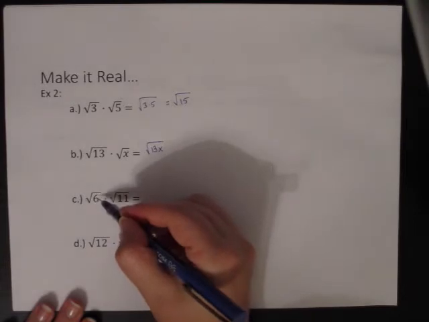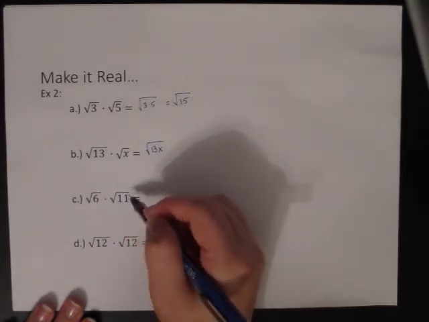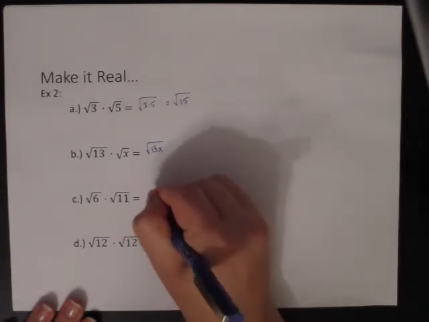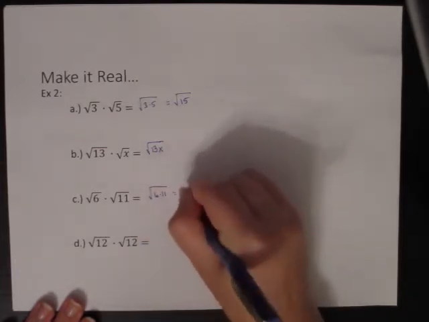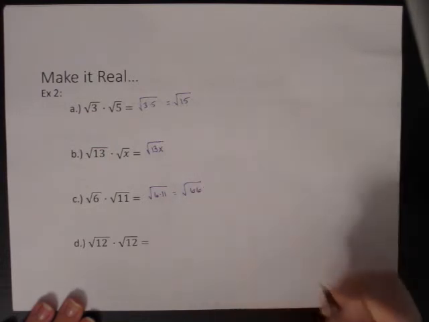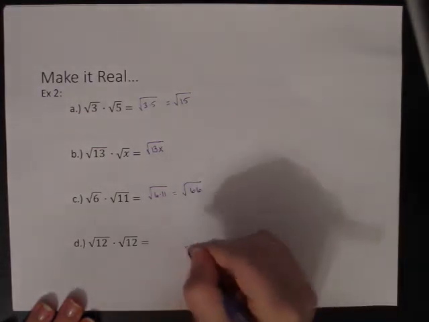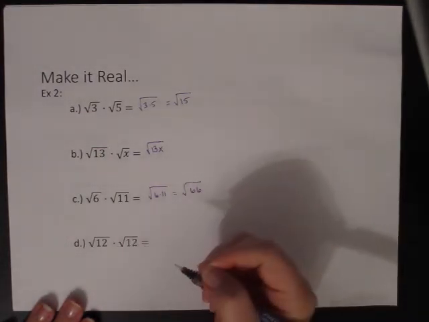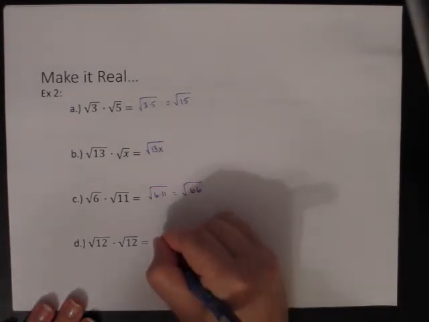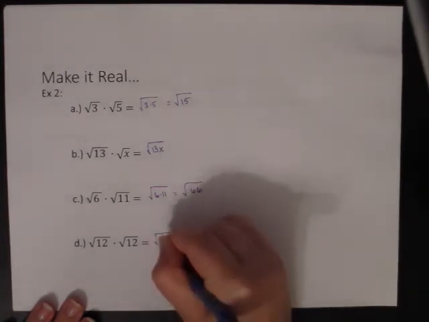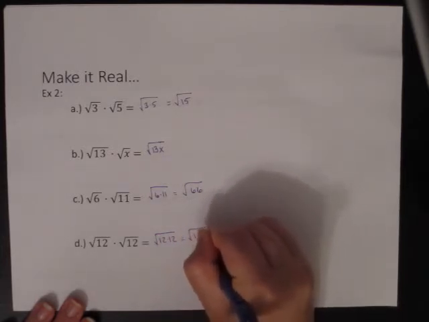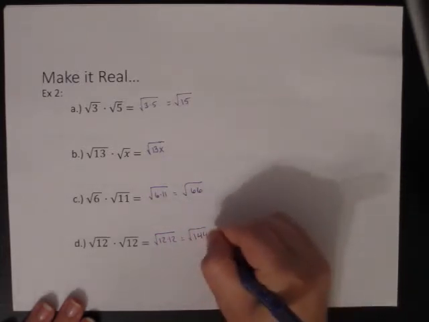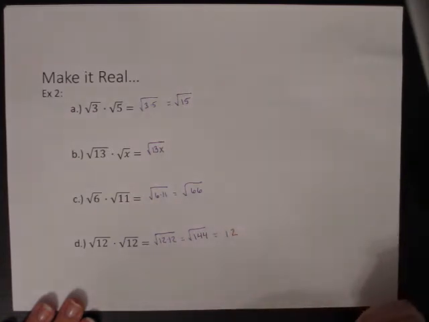Now this one, the square root of 6 times the square root of 11. Neither one of those are perfect squares, so I could go 6 times 11, which is 66. And then this last one, square root of 12 times the square root of 12. 12 and 12 are not perfect squares, but if I go 12 times 12, I get the square root of 144, which is a perfect square, which would be 12.